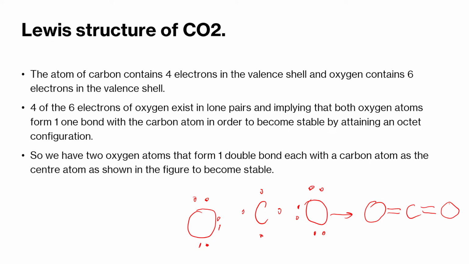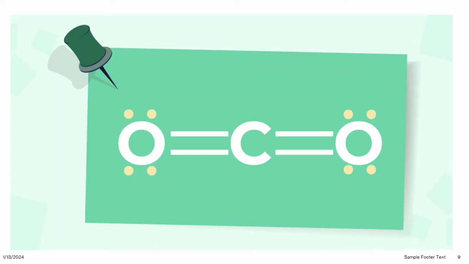Oxygen has its shared electrons now. Carbon has its four bonds, and everything looks fine, right? So this is the general structure that we have for CO2, a doubly bonded compound.